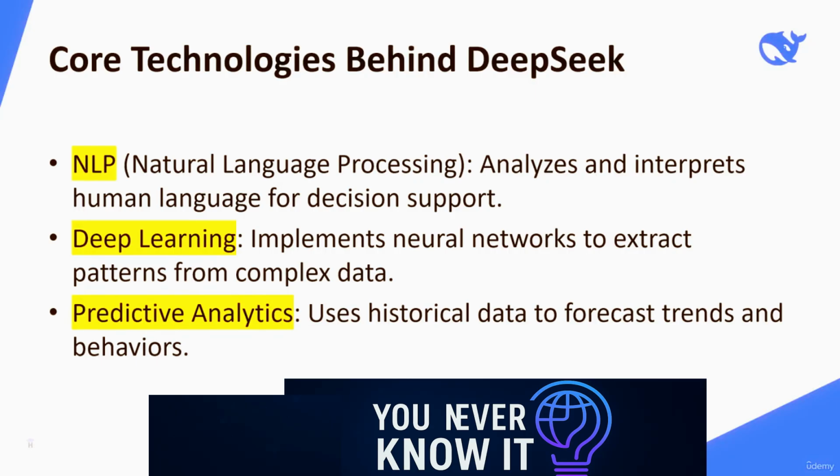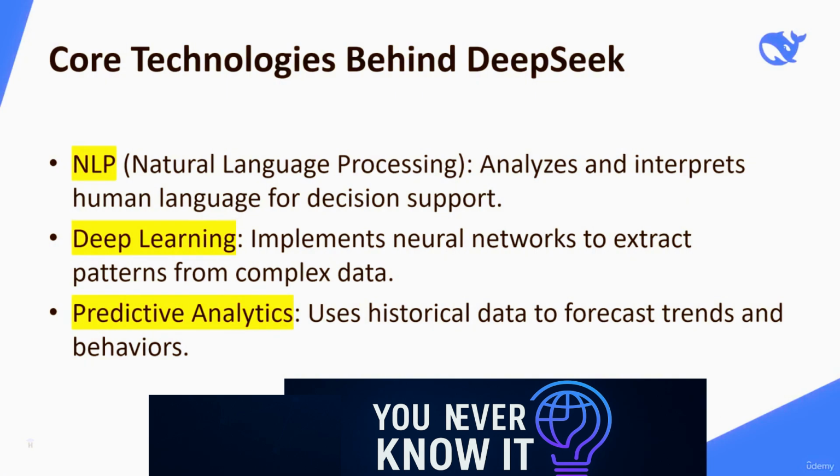Deep learning implements neural networks to extract patterns from complex data. When you have more data, from there you have to take decisions, creating more and more patterns for decision-making systems using deep learning.